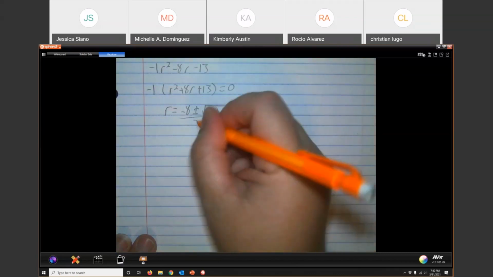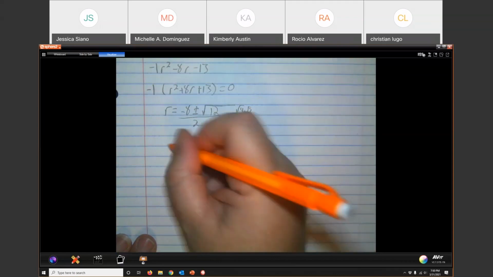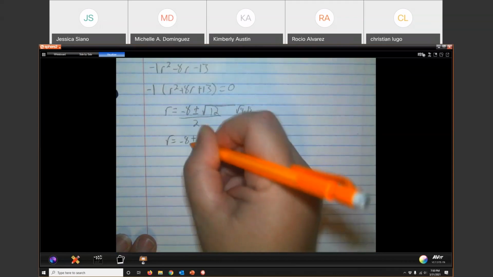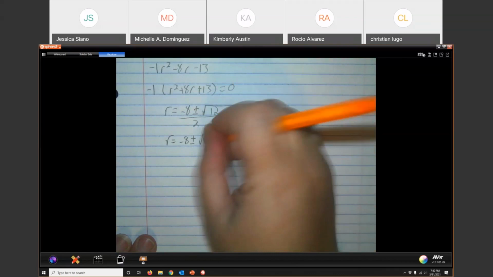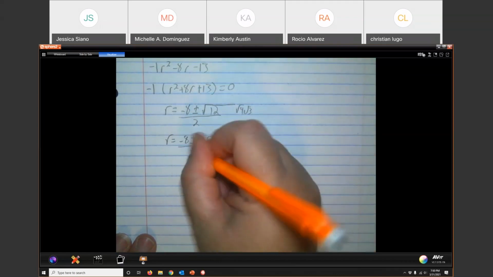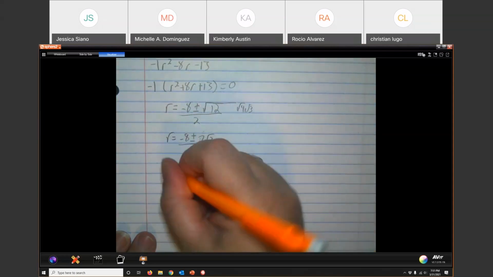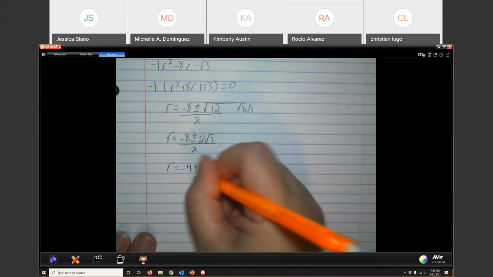Over 2 times 1. So this is again 4 and 3. 2 rad 3. And then we can divide. So r equals negative 4 plus or minus rad 3.